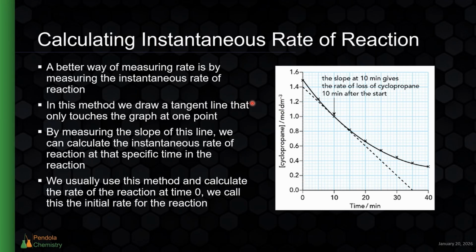Why? Because it does not use 2 data points to find the rate. It uses a single data point. So what does it mean by instantaneous rate of reaction? We call it the instantaneous rate because it's not the average between 2 points. It is the specific rate at a single point in the reaction.